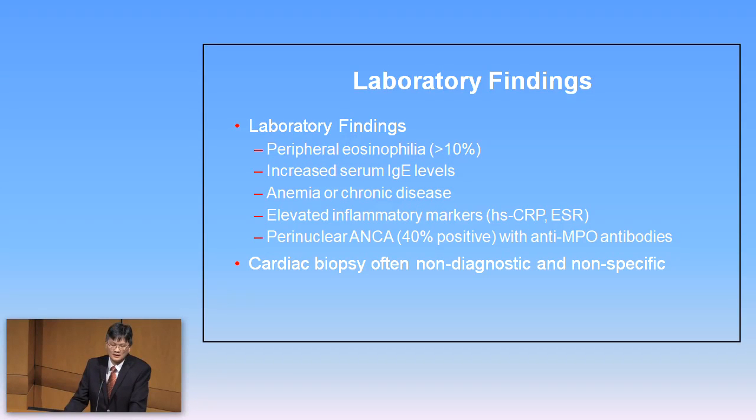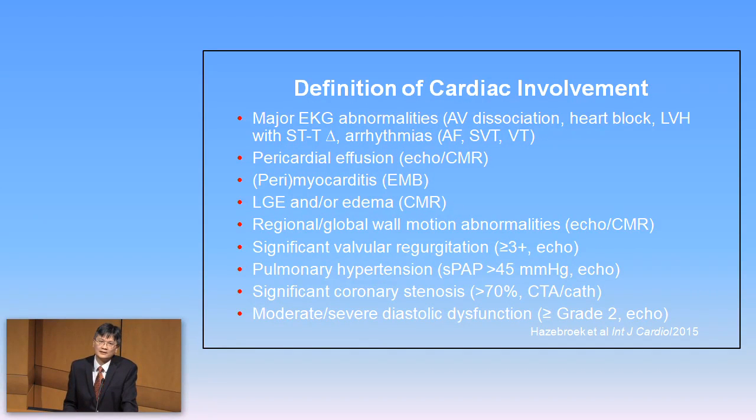Some people would have ST changes and some people have EKG changes. But interestingly, a lot of people with evidence of MRI involvement do not have significant or specific changes in EKGs. So while it's a great screening tool, it's not a definitive tool. Echo remains the cornerstone, particularly for regional wall motion abnormalities, and of course thrombus, which is important for therapeutic indications.